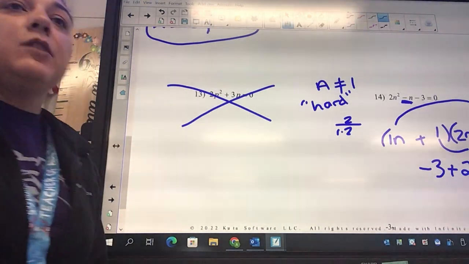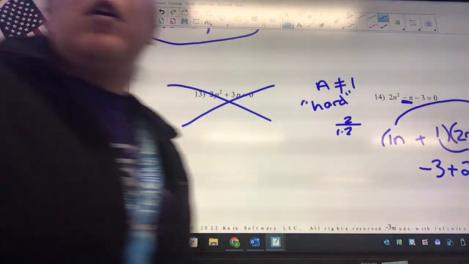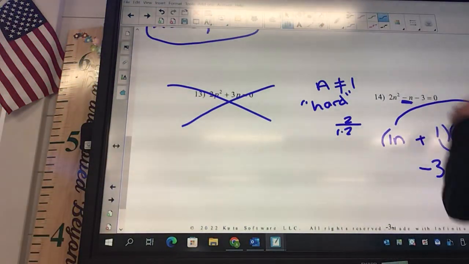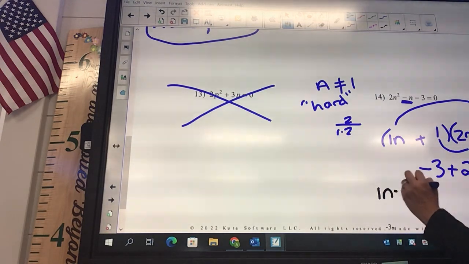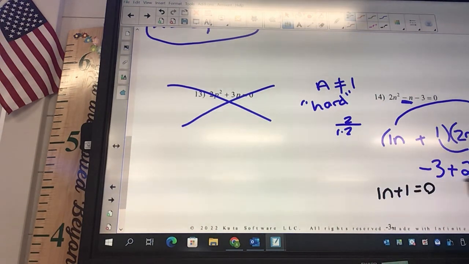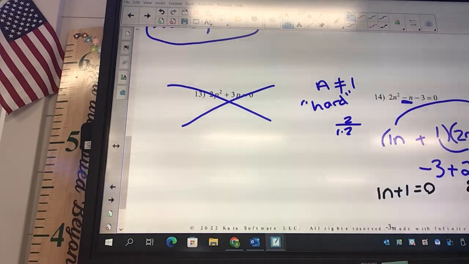Lastly, this one says equals 0, so you have to solve. So you're going to say 1n plus 1 equals 0, and 2n minus 3 equals 0. If we're looking at this first one, what do I move first? The 1.